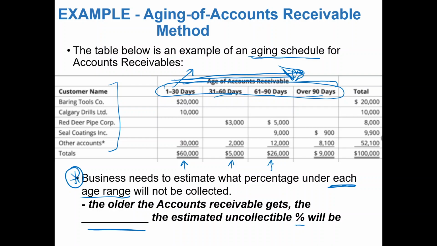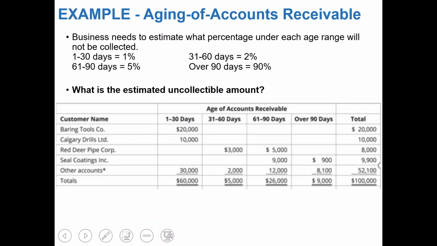So the older the accounts receivable gets, the higher the estimated uncollectible percentage will be, because there's more risk that we won't get it. So higher uncollectible percentage. Okay, so this business has gone through, and these are the percentages that they've come up with based on their past experience that they believe will not be collected. So these are those uncollectible amounts.